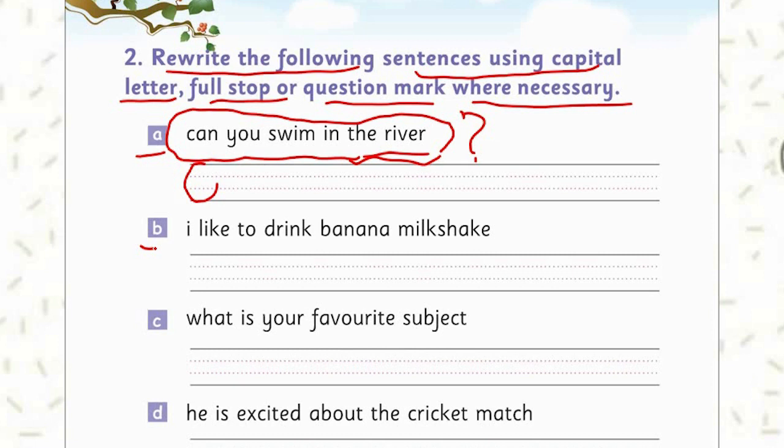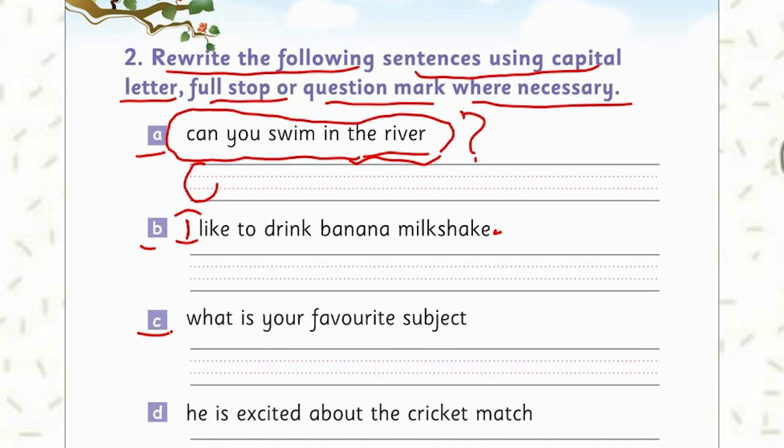B, I like to drink banana milkshake. Here, I should be capitalized. And yes, it is the end of the sentence, so there should be a full stop here. C, what is your favorite subject?